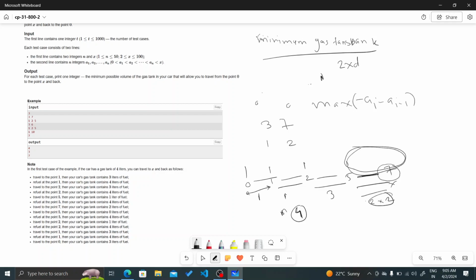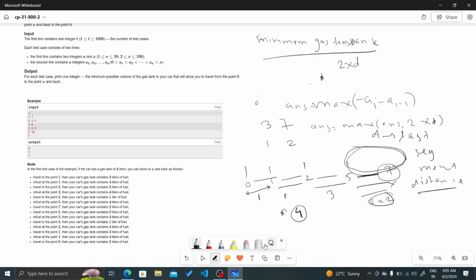This will be the answer, and after that answer equals to max of answer, comma 2 into D, and D is basically the last segment distance. This was the intuition of the problem.